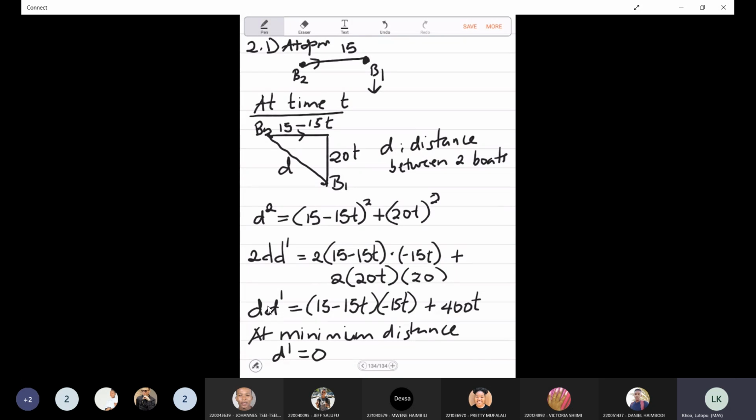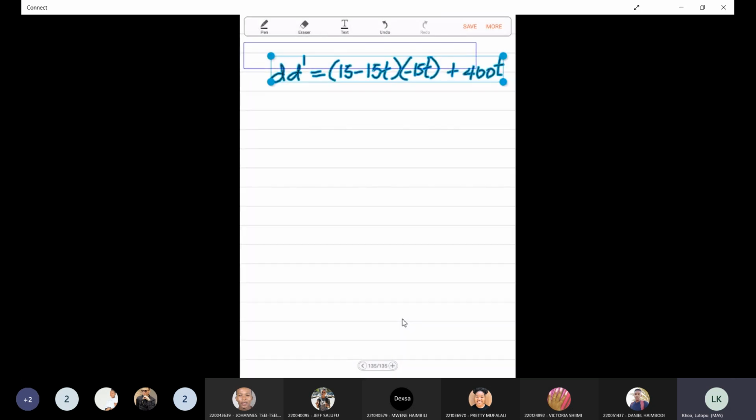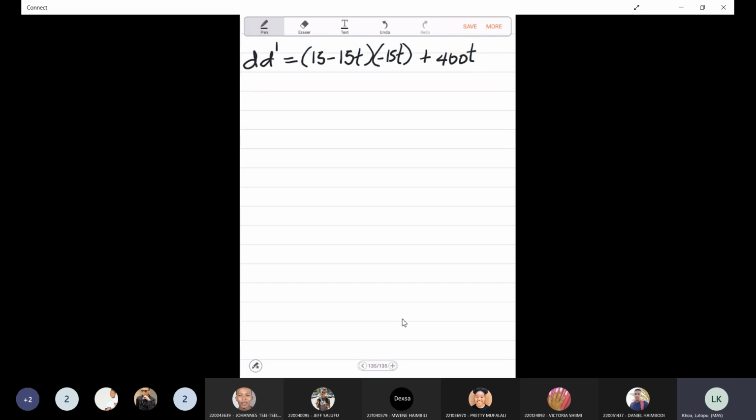So I can make d prime the subject, I just divide by d on both sides.